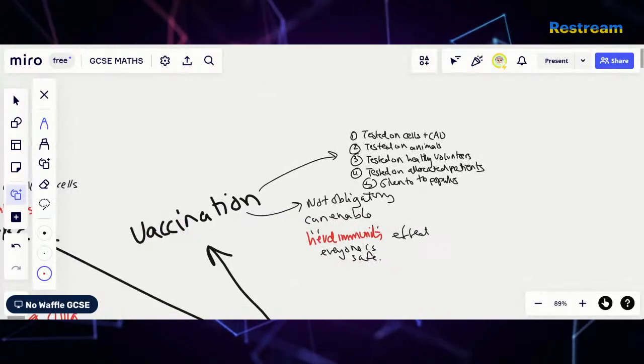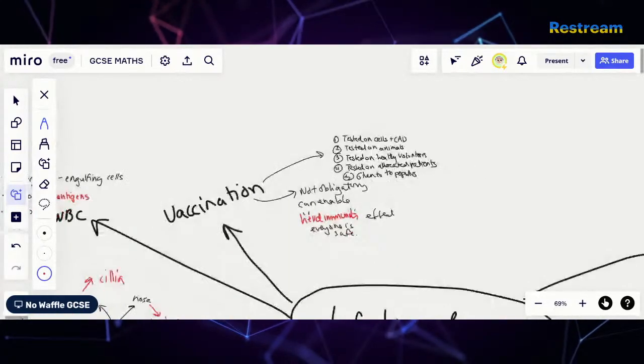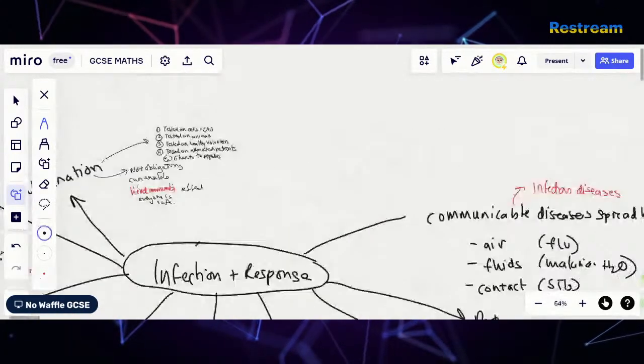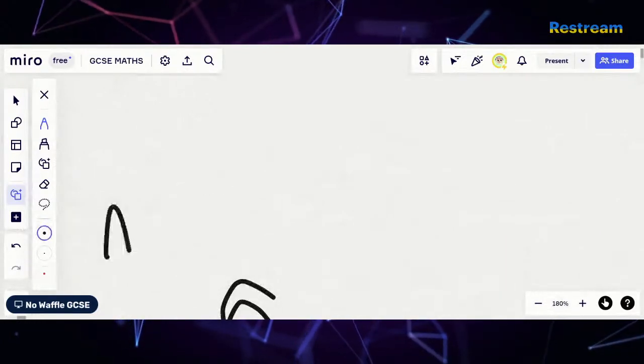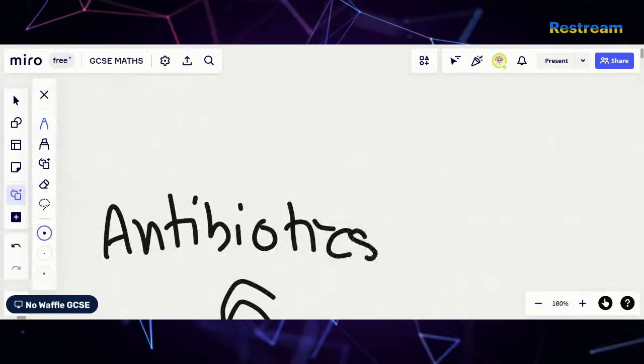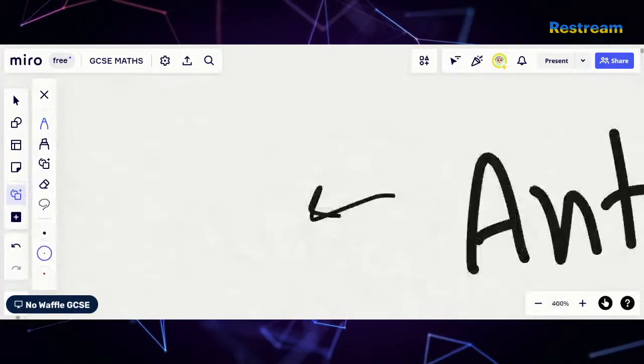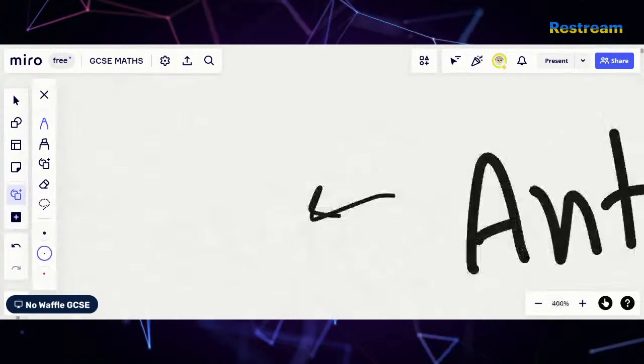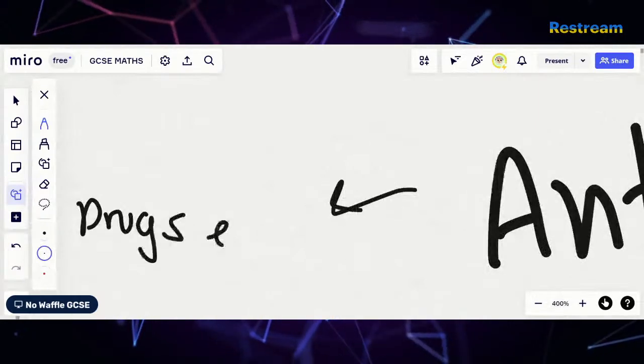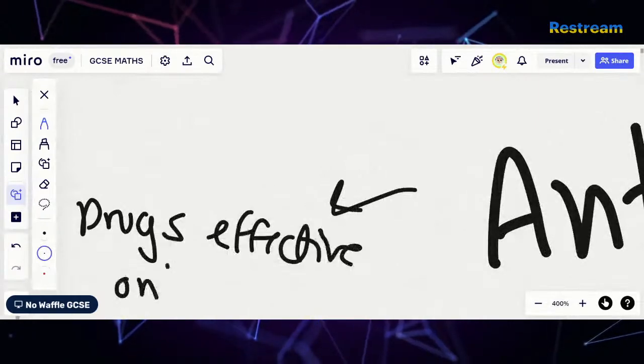And that's also important to talk about antibiotics and penicillin. Antibiotics are drugs that are used only against bacterial diseases.